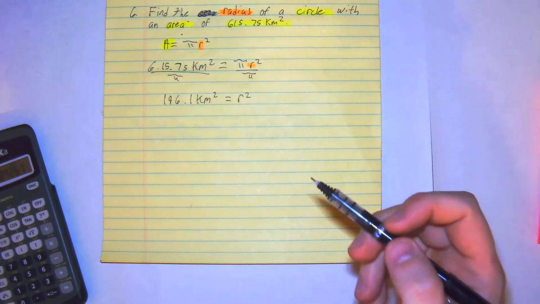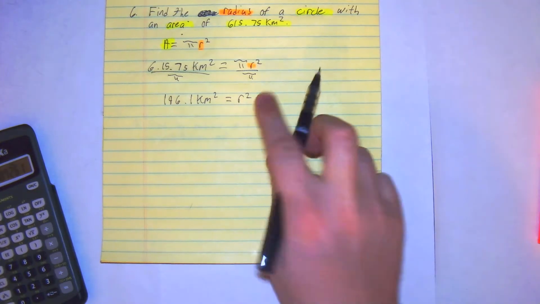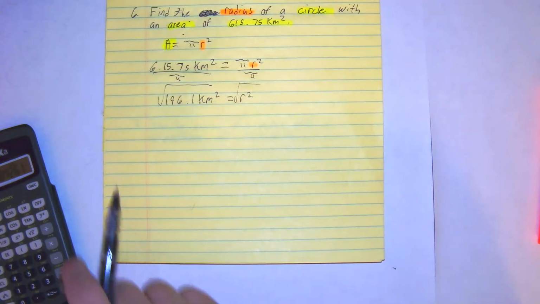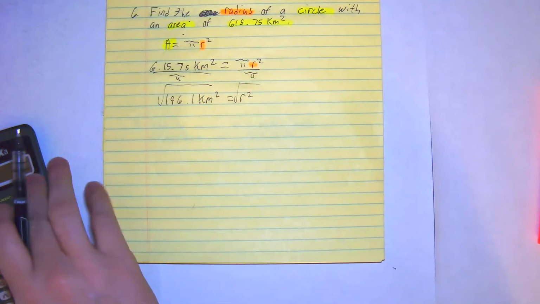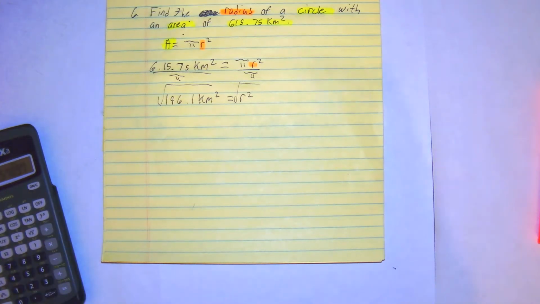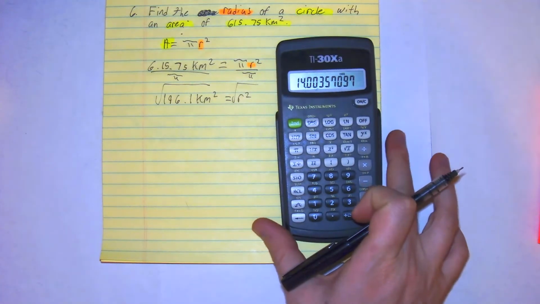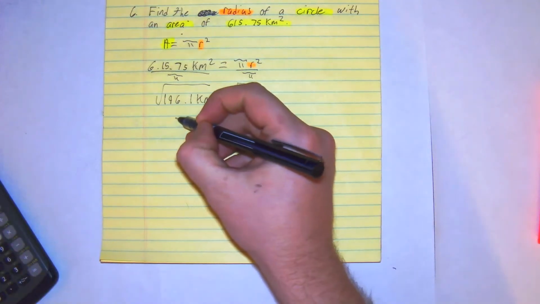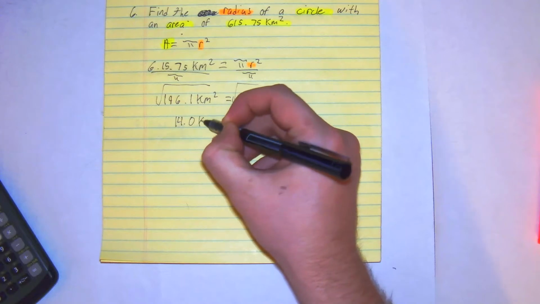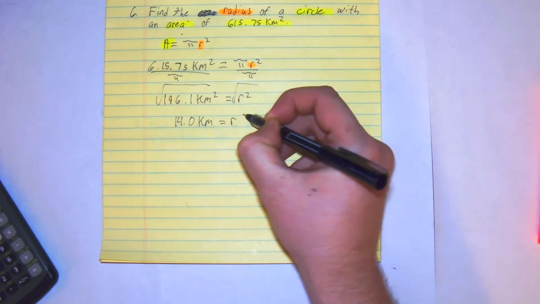The way we're going to do that is the inverse of a square, which is the square root. So we square root both sides. 196.1 square root, and when we round to the nearest tenth, we get 14.0. So 14.0 kilometers is equal to the radius.